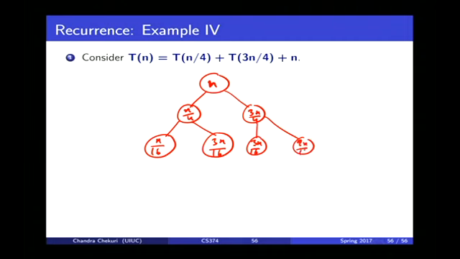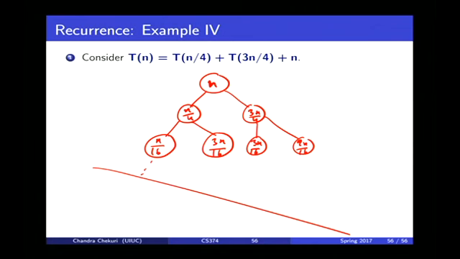You can see that the tree will look like this, in the sense that this leaf will end earlier than this leaf. Now it's a little bit harder to understand.